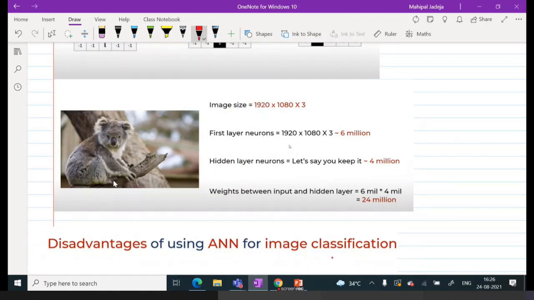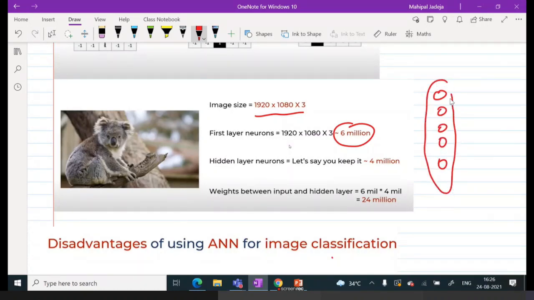The image size itself is 1920 cross 1080 cross 3, which is roughly 6 million. So that means you mandatorily need to put 6 million neurons at your first layer just to take input. Forget about the processing. For processing, let's say I am keeping one hidden layer of size 4 million.